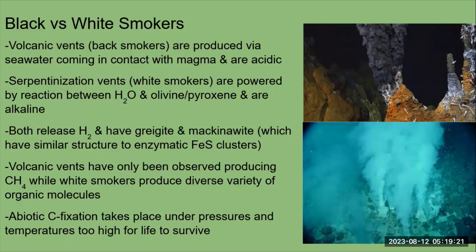Black smokers also release hydrogen, which was originally dissolved in the magma, and both varieties of vents have iron sulfur minerals such as greigite and mackinawite, both of which have a similar crystal structure to the iron sulfur clusters which are found in enzymes.